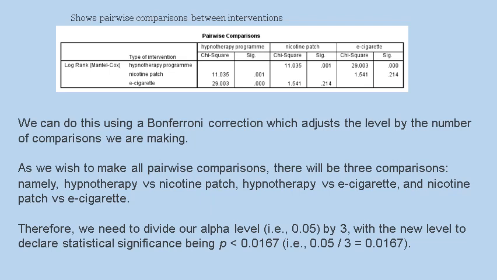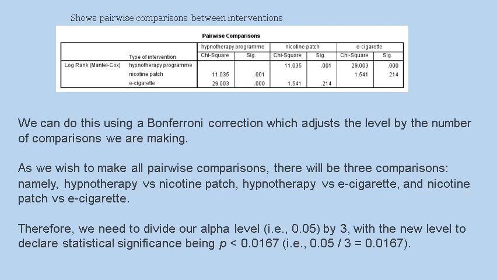Hypnotherapy program with e-cigarette, there also we have to check if significance value is less than 0.0167. Nicotine patch with the hypnotherapy, that also we need to check if significance value is less than 0.0167.